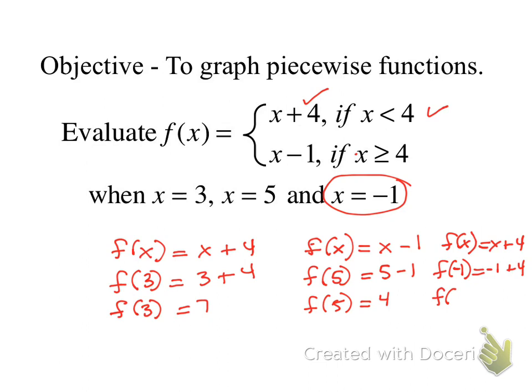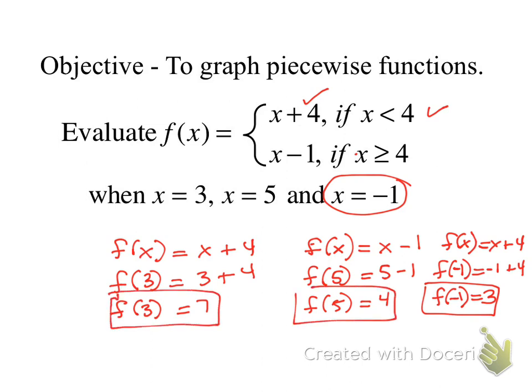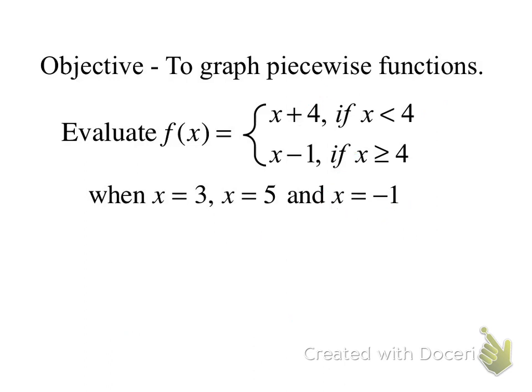The function of -1 as an input is equal to 3. And when you write your answers, you always want to tie it to the input. Does that make sense? Okay, questions? Is everybody clear on evaluating? Okay, that's the first part of piecewise functions.